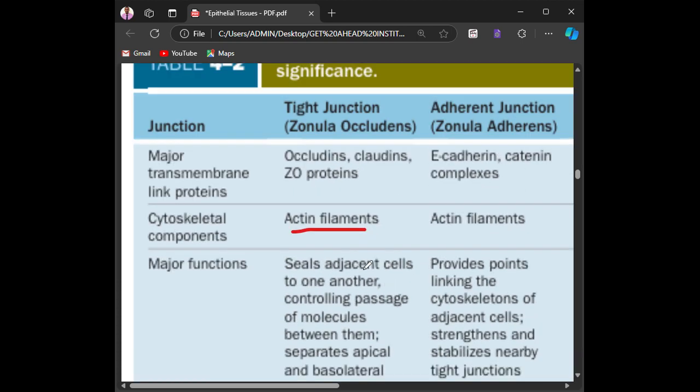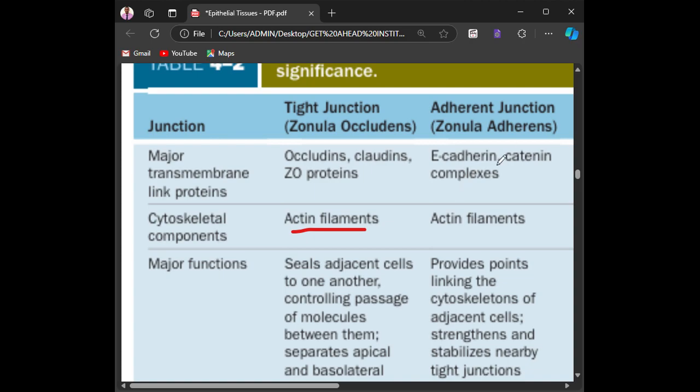Then let's talk about the adherens junction, also known as zonula adherens. They comprise major transmembrane link proteins, which include E-cadherin and the catenins, and the complexes.